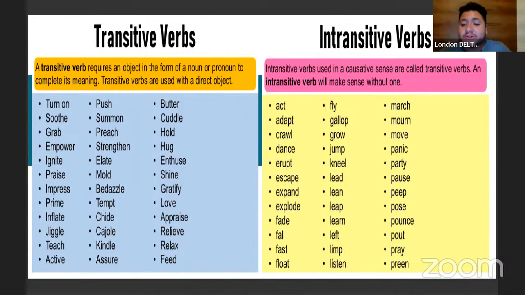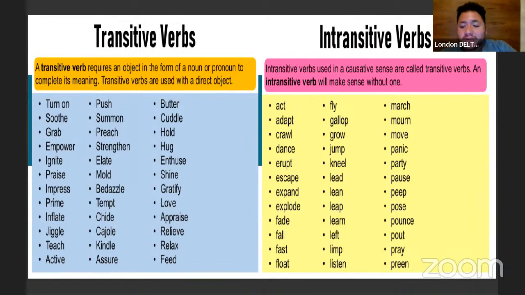Entonces, en ese caso, sí puede decir, the kid grows hair. Entonces, sí, el verbo grow sería transitivo en este ejemplo, pero en el primer ejemplo no. Este es un verbo que puede funcionar como transitivo o intransitivo, el verbo grow.